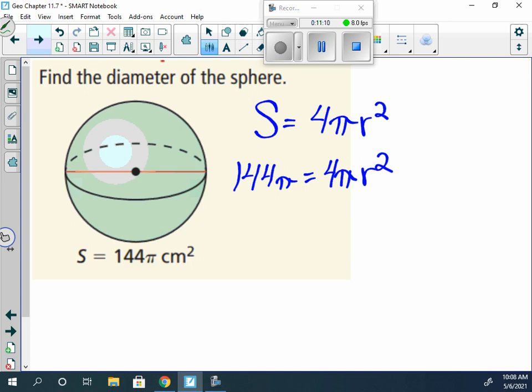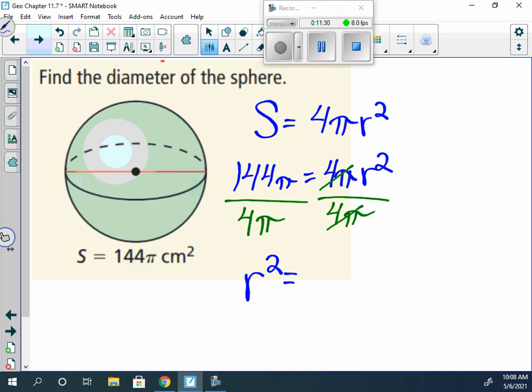What would we do next? We divide both sides by 4 pi. Because on all the list of things that we can do to get r by itself, dividing is going to be easier than taking that square root, because we'll want to do that first.